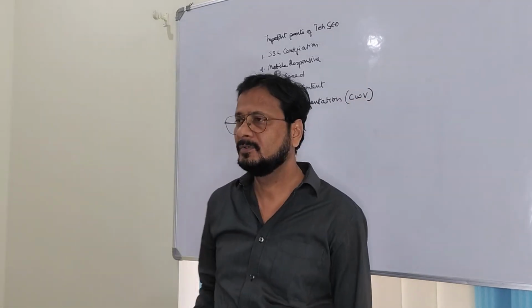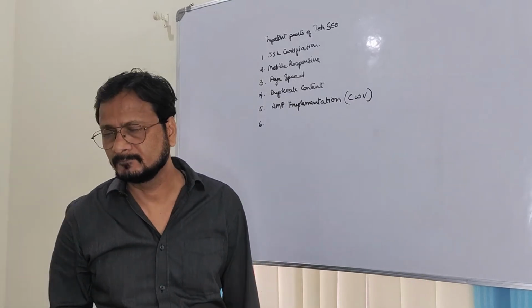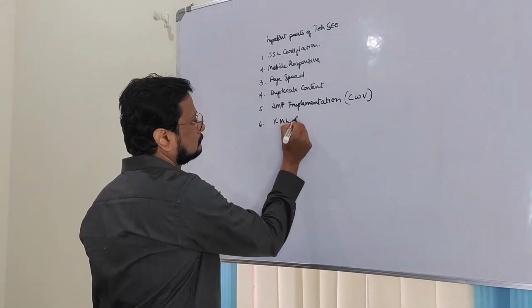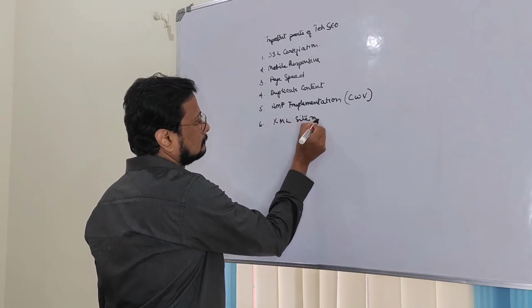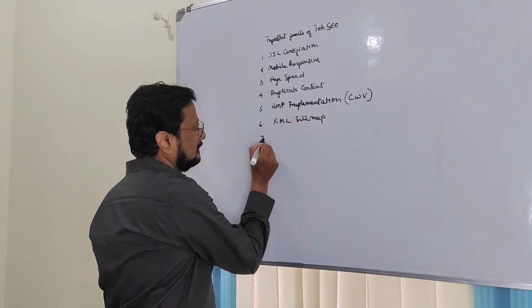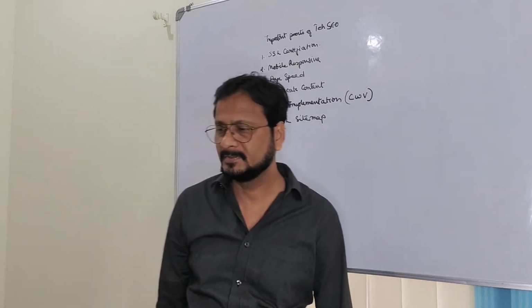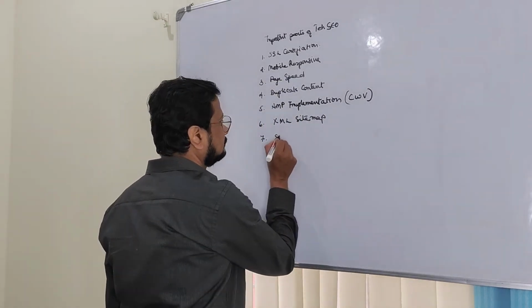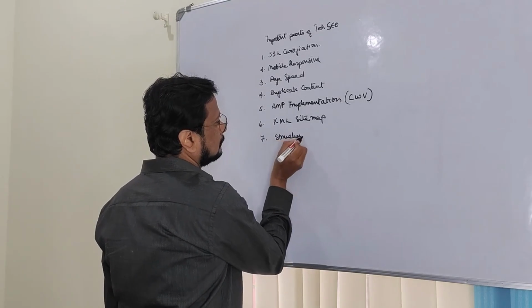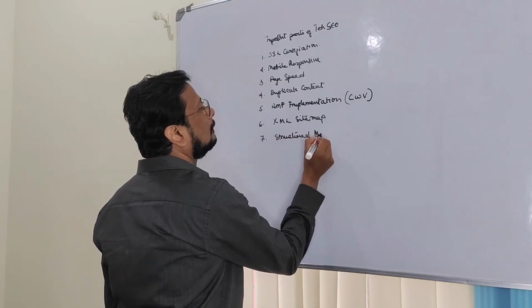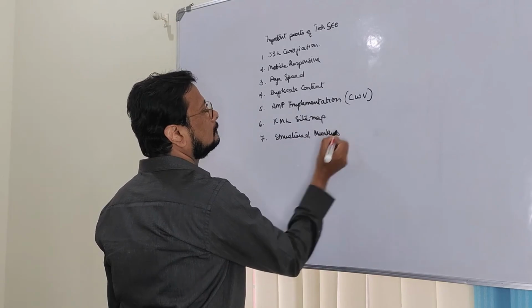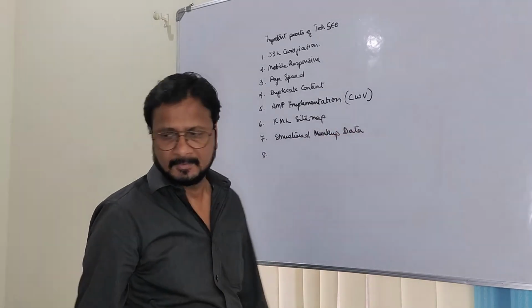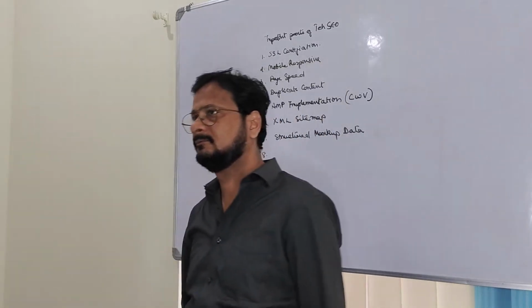Number six, we look at the XML sitemap. Number seven, after the XML sitemap, we look at structured data or structured markup data. Number eight, we look at broken links, very important again.